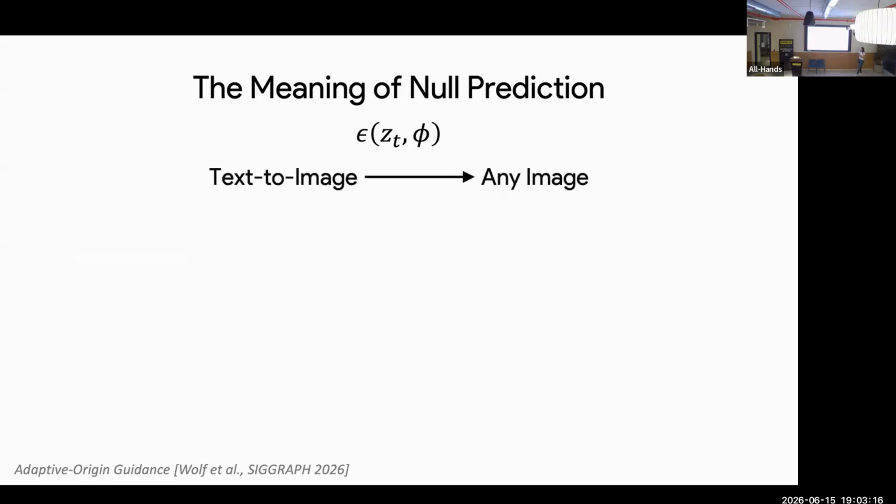In text-to-image models, the way people train this unconditional prediction is that during the training of the model, they take the empty prompt, they take a random image from the data set, and the goal is to generate this random image. So in a text-to-image model, the unconditional prediction corresponds to any image. And with the same logic, in an image editing model, what would the unconditional prediction mean?